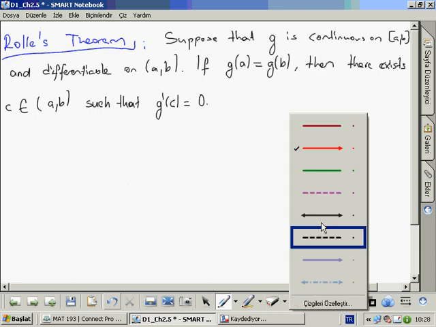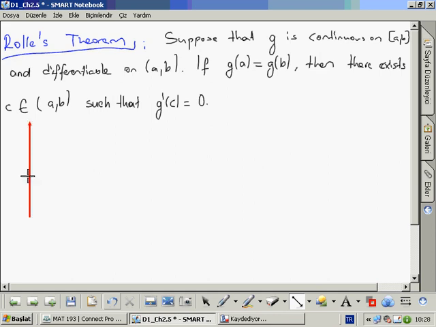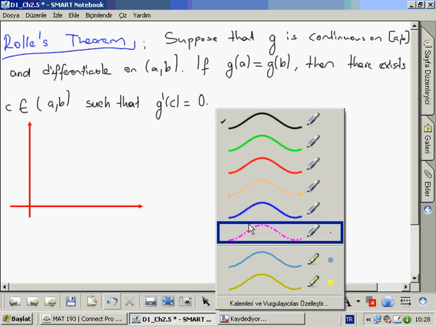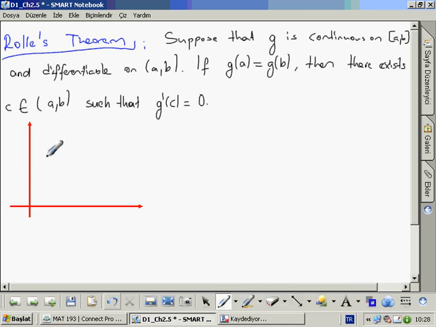That means, this point is B and this point is A.